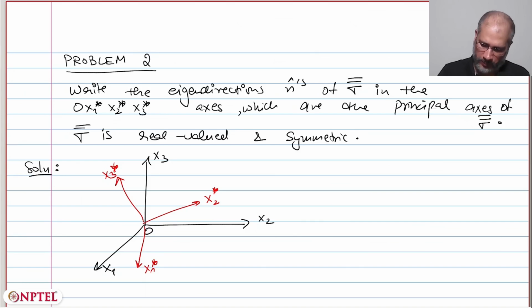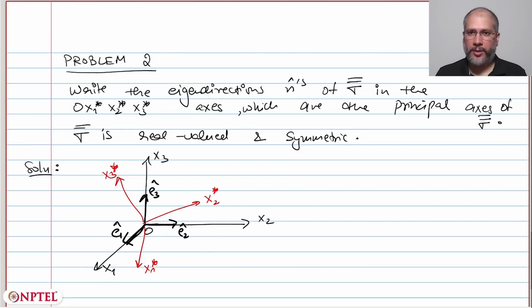Now if I was to write the unit vectors, in the base coordinate system, these are given as E1 hat, E2 hat and E3 hat. Now what about the starred or the principal axes? Here the unit vectors are n1 hat, n2 hat and n3 hat, because these are the eigendirections which are used to define the principal coordinate system.